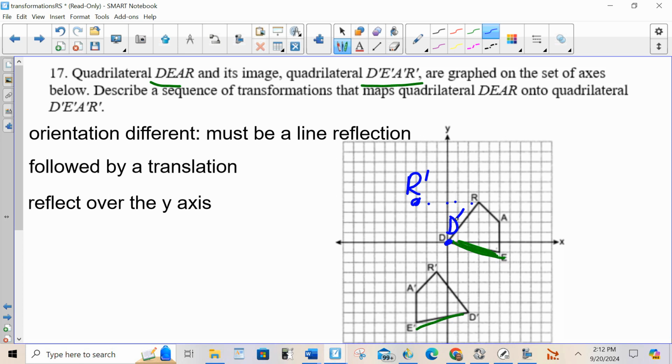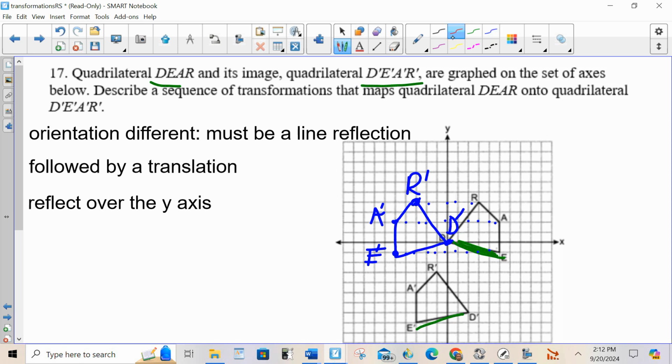D stays where it is. It's called invariant. 1, 2, 3, 4, 5 left for E prime. And A, 1, 2, 3, 4, 5 left, A prime. Now, how do I get that onto the other one? So let's pick any point.